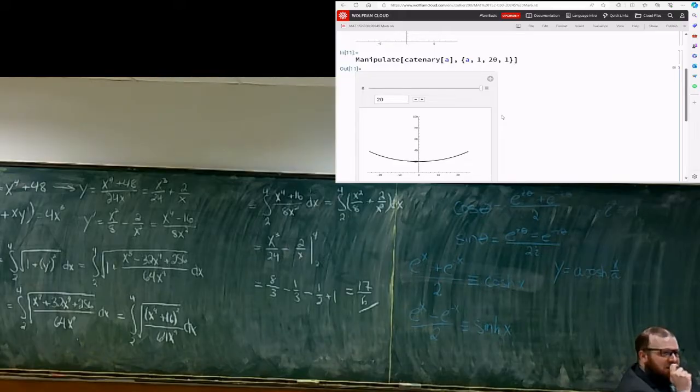You can do that in Mathematica. X squared. Similar, but not quite. Think roadside. Maybe like taking like X or something?